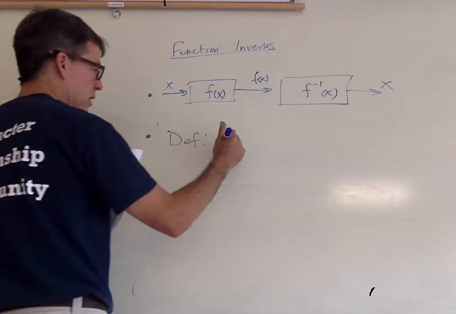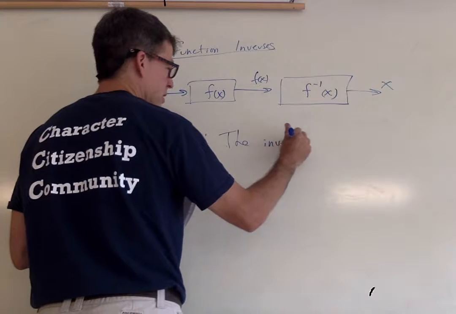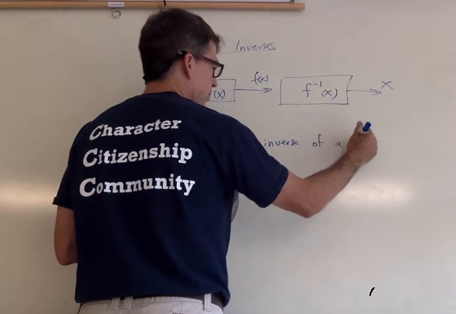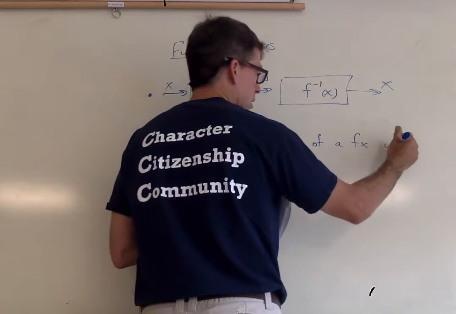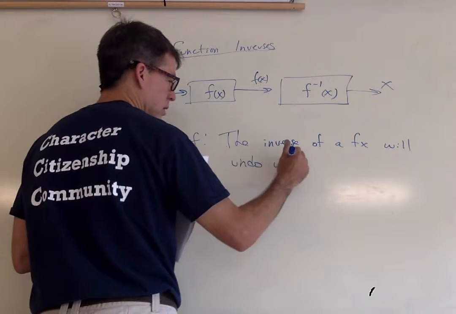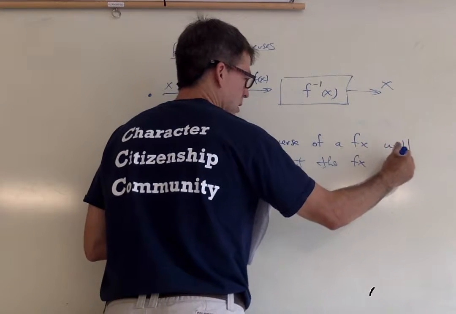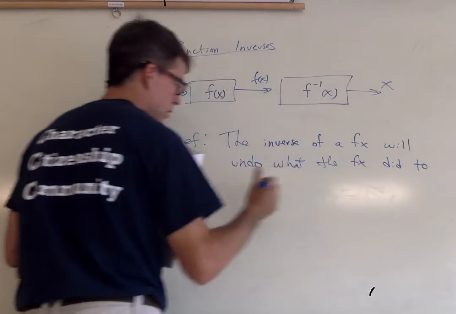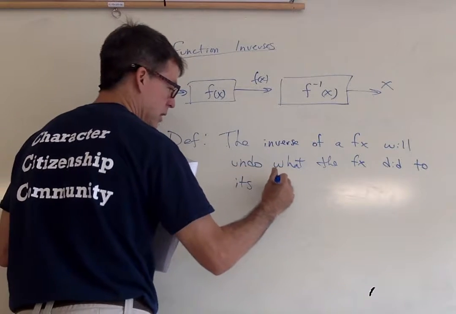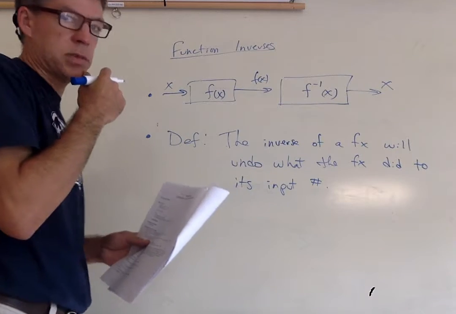Definition: the inverse of a function will undo what the function did to its input number. It just undoes whatever the function did.